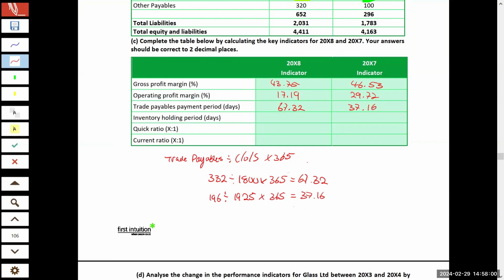Okay, inventory holding period. The good thing with this is I can basically keep the formula that I've written here and just change it ever so slightly. Instead of looking at payables, I'm simply going to look at my inventory level, divided by cost of sales, times by 365.